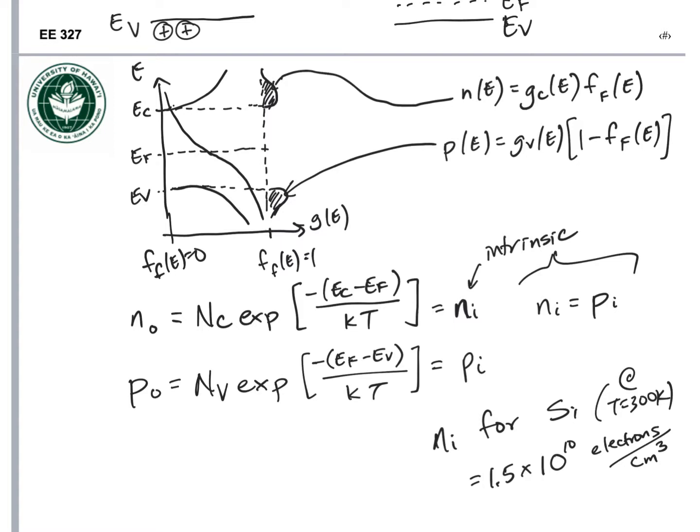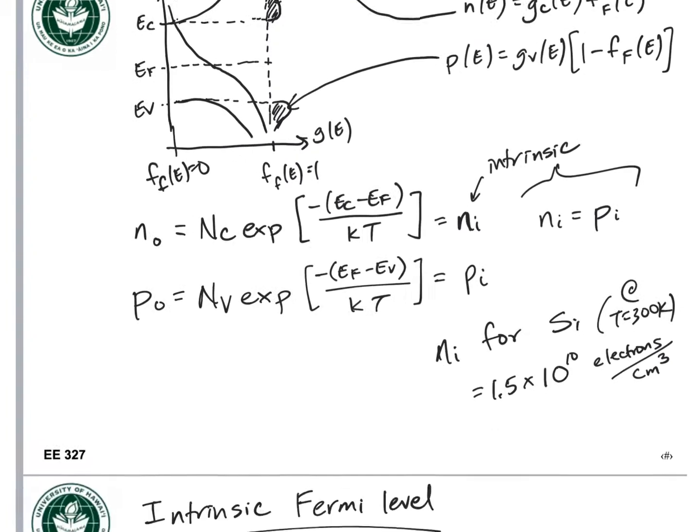We don't have to be stuck with this particular number of charge carriers per volume in our semiconductor. We can actually do stuff to the material to make more or fewer charge carriers available in our semiconductor material. So what is that called?